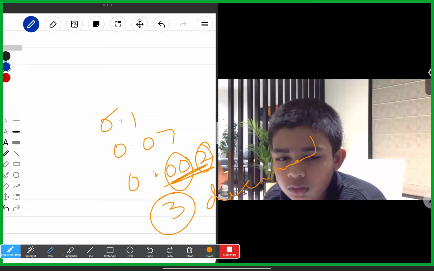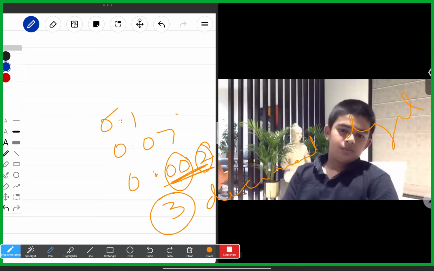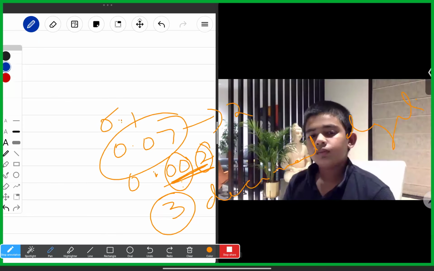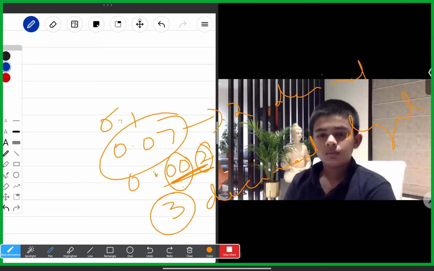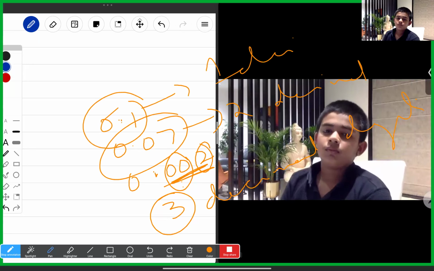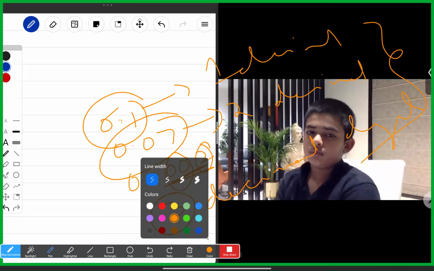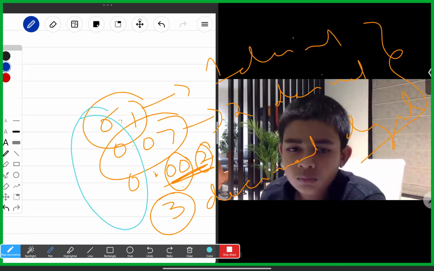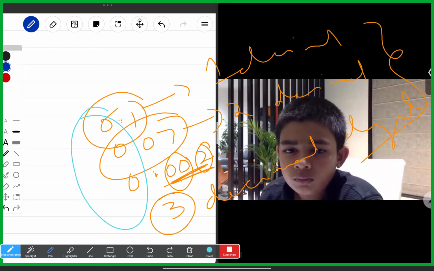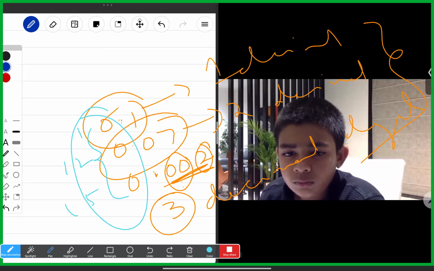Then 0.07 has actually 2 decimal digits. After decimal, we have 2 digits, 0 and 7. 0.1 has 1 decimal digit. So like this, if we have different number of decimal digits, we need not check the whole part. Whether the whole part has the same number of digits or different number of digits is not a problem. Like one might have 1, 12, 15, 159, different number of digits, also not a problem.